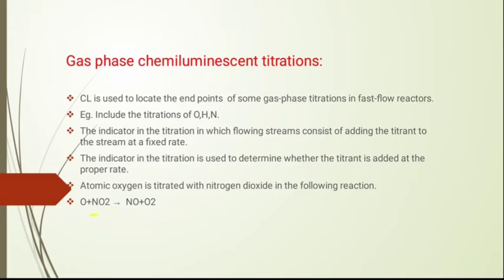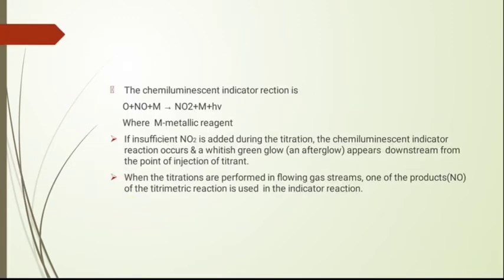Oxygen plus NO2 gives NO plus O2. As we know, the chemiluminescent apparatus measures nitrogen mainly in the form of NO, and that's why the chemiluminescent machine can measure the amount of NO formed from the first reaction.